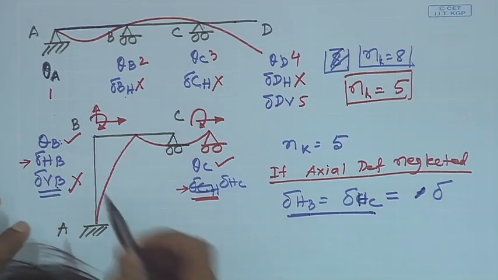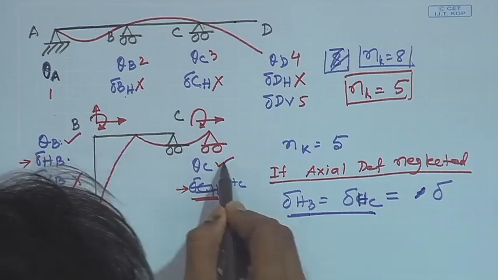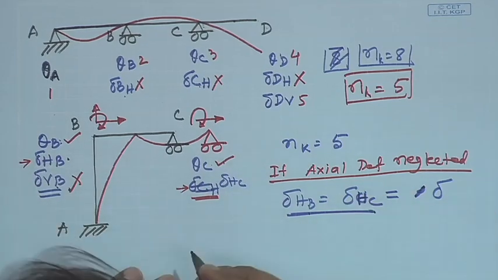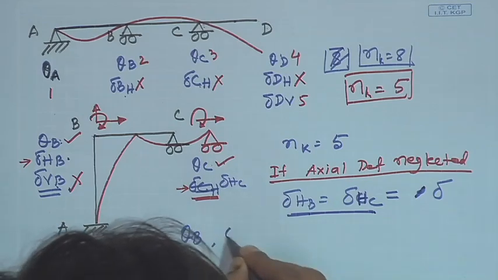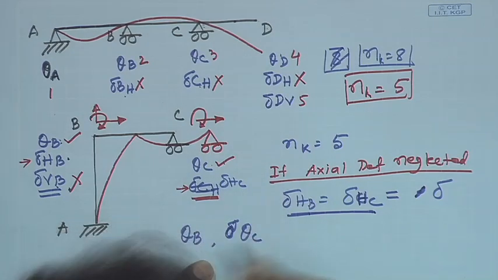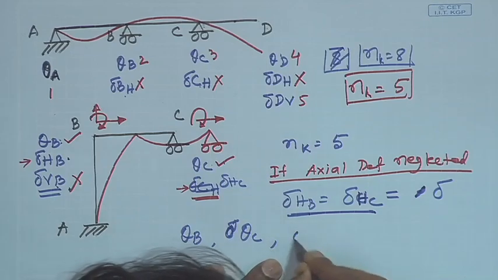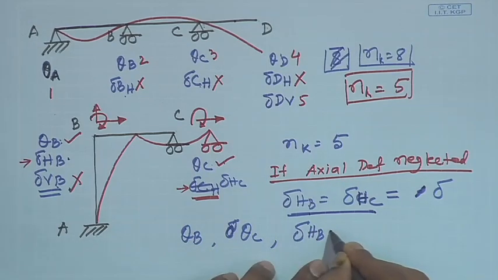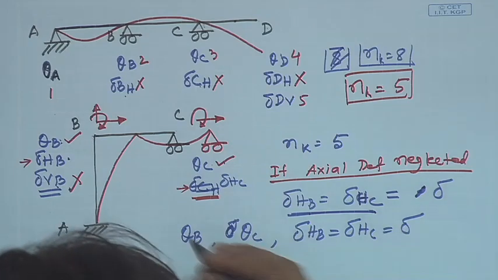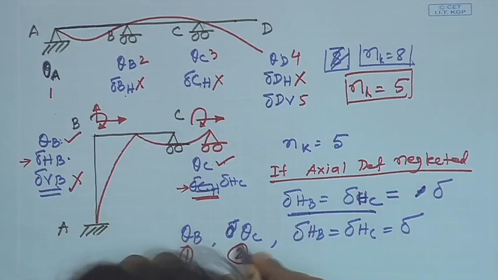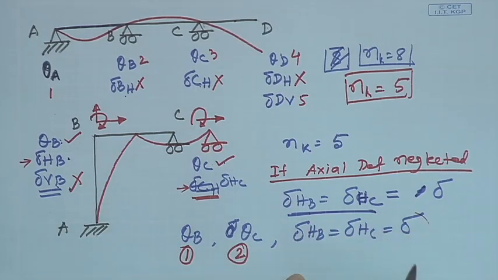Okay. So, we can combine these, then how many degrees of freedom do we have? We have theta B, rotation at B, then rotation at C, then we have delta HB, which is equal to delta HC is equal to delta. So, this is 1, this is 2, and this can be treated as 1 degree of freedom, because if we know delta, then we know delta HB or delta HC.